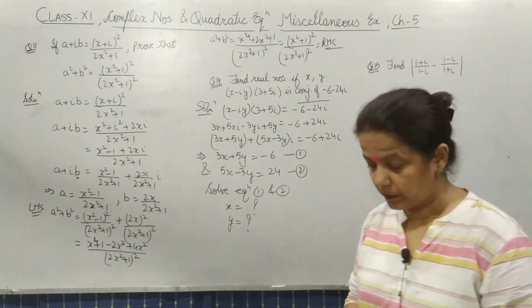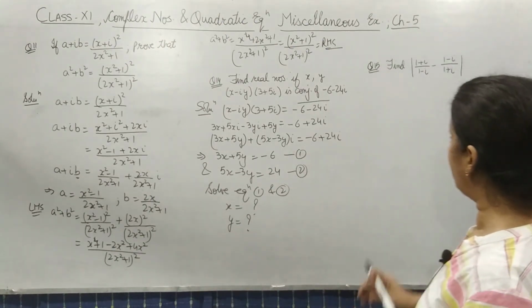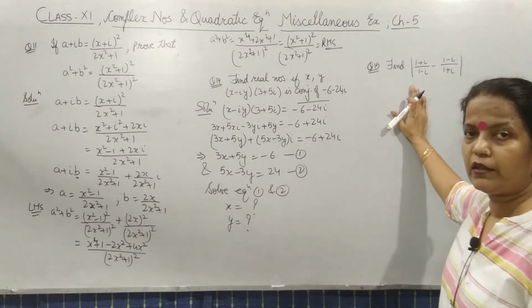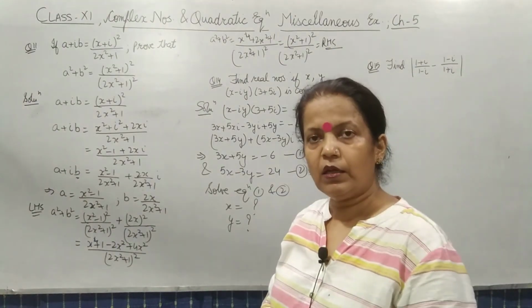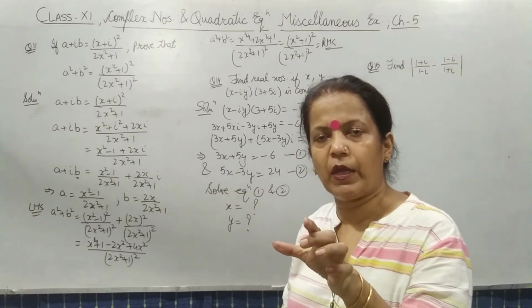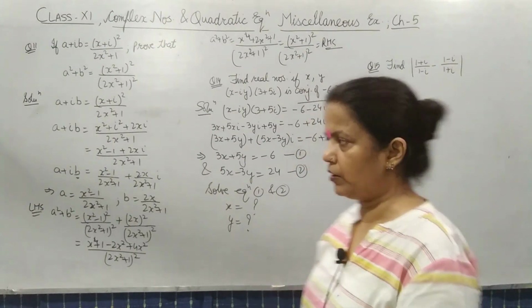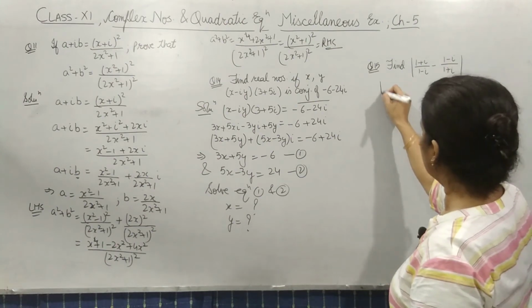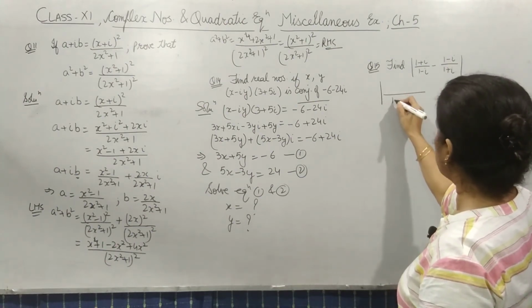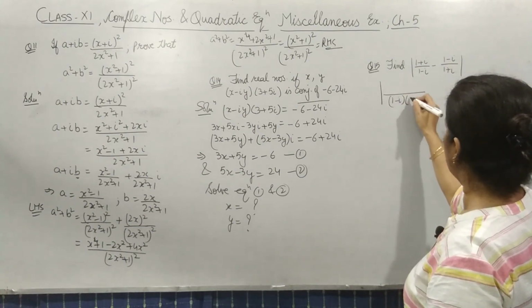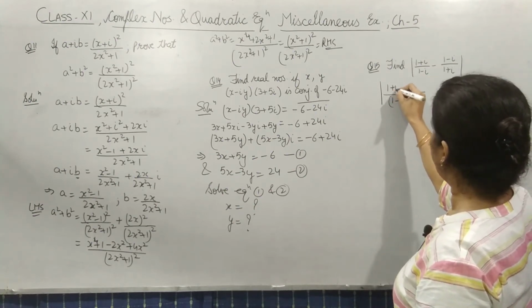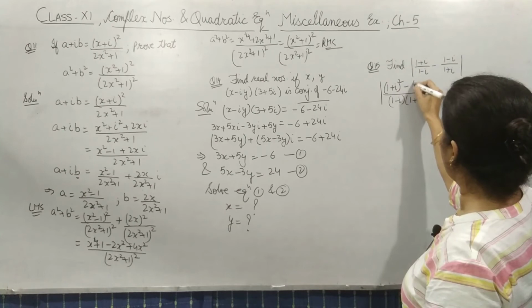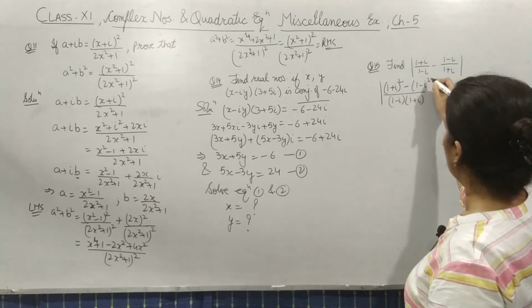Okay. In question 15, you have to find the modulus of this. So first of all, what do we do? We solve the term inside the modulus. While solving it, it will come as (1 plus iota) whole square minus (1 minus iota) whole square.